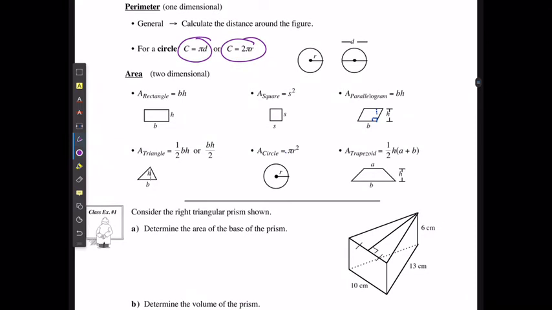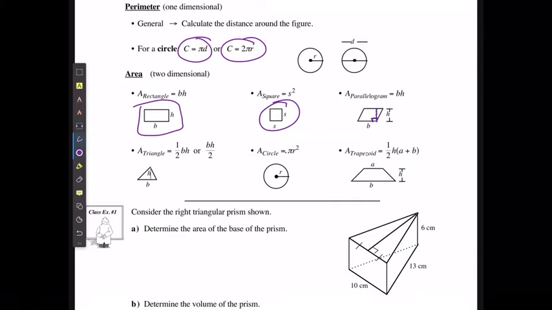When we're looking at areas, a rectangle is just multiplying the two dimensions. A square is one side length multiplied by itself, or one side length squared. For a parallelogram, you need to create a vertical height that is perpendicular to the base and multiply them.